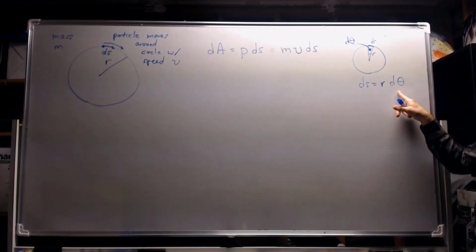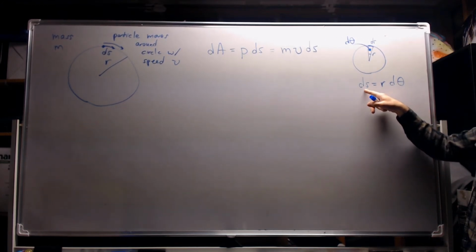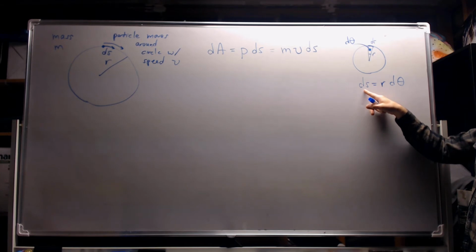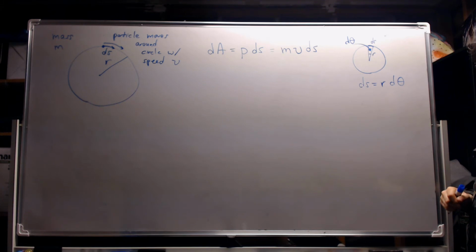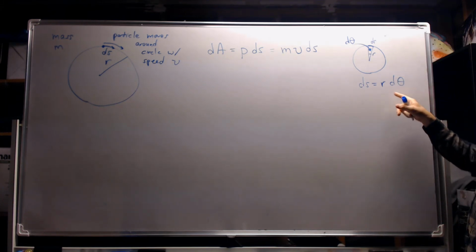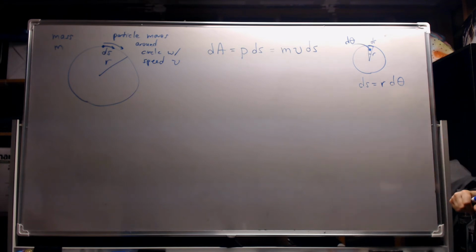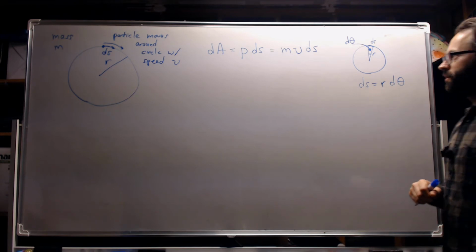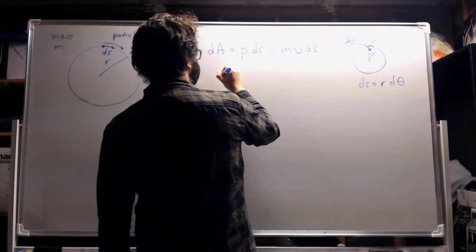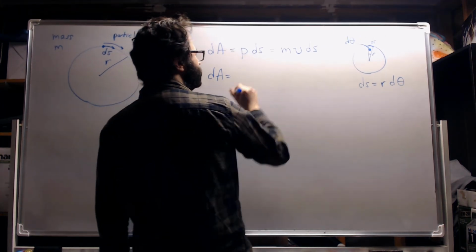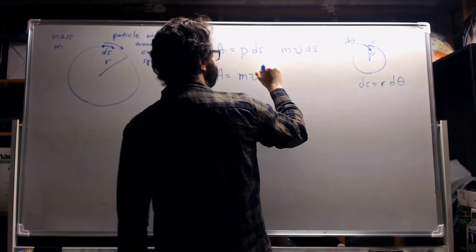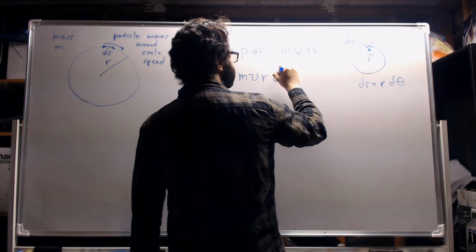This makes sense because the length of the circumference of the circle is 2 pi r, and in that length the angle undergoes one revolution of 2 pi radians. And so we can say the infinitesimal change in the action is going to look like m v r d theta.